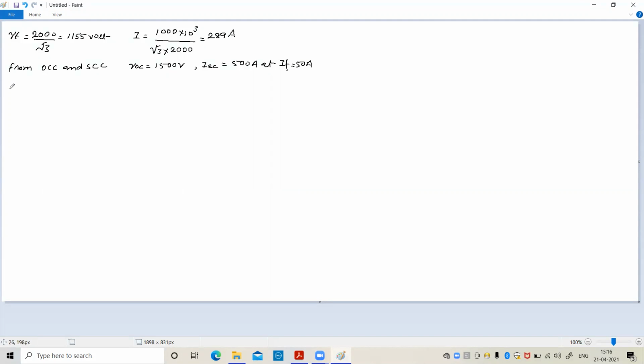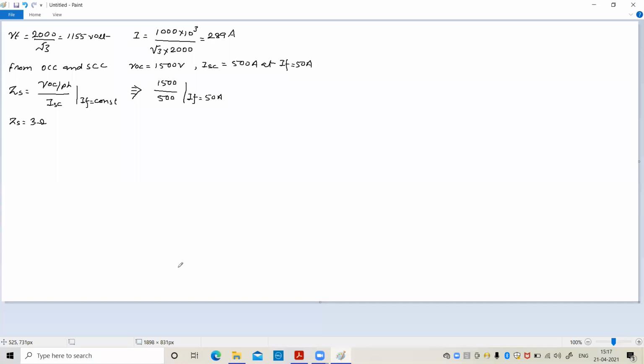It means that synchronous impedance ZS is equal to VOC per phase divided by ISC at IF equal to 50. So here VOC is 1500 volt divided by 500 ampere, at field current equal to 50. So ZS is equal to 3.